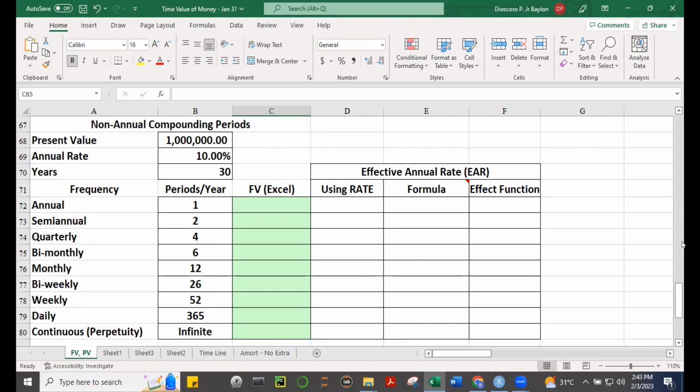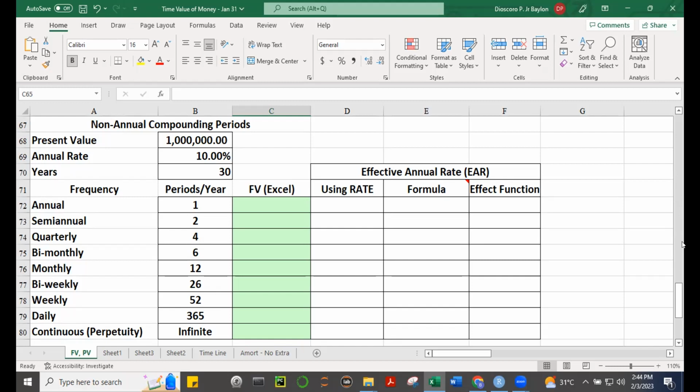If it's done semi-annually, it means the interest is computed twice a year. From the perspective of the investor, this is better, because interest is computed more than once a year. So if it's semi-annual, interest will be computed twice a year, quarterly will be four times a year, etc.